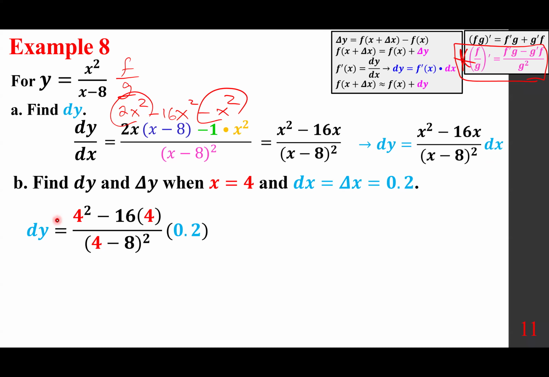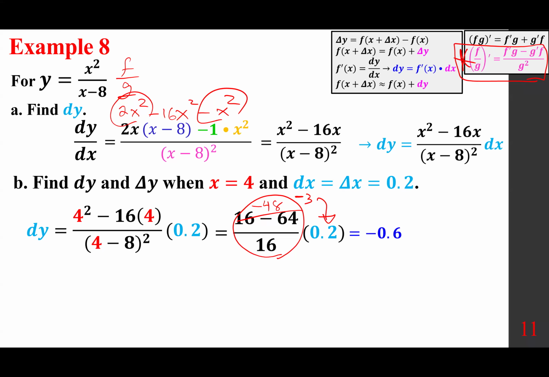So 4 squared is 16, minus 16 times 4 is minus 64. 4 minus 8, negative 4 squared is 16. 16 minus 64 is negative 48, divided by 16. You get negative 3, times 0.2, you get negative 0.6.